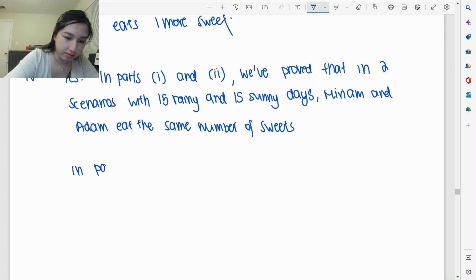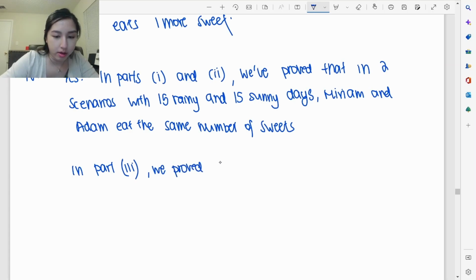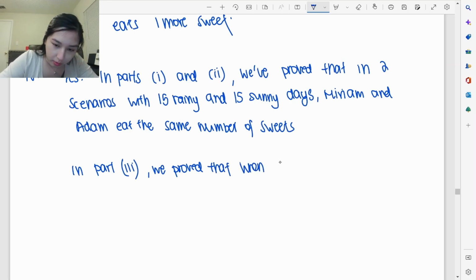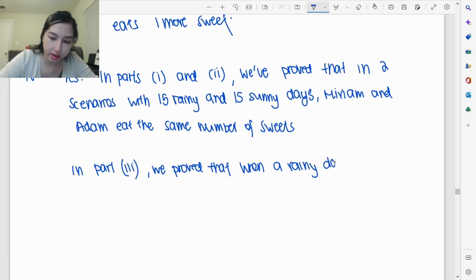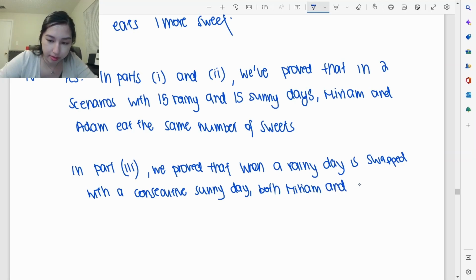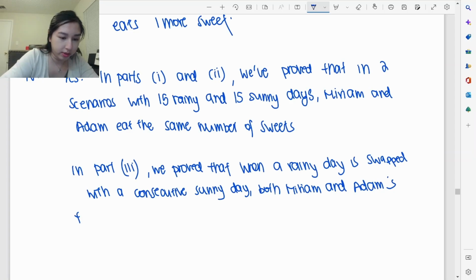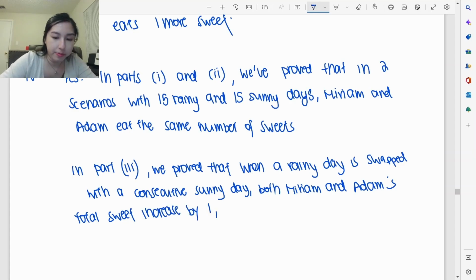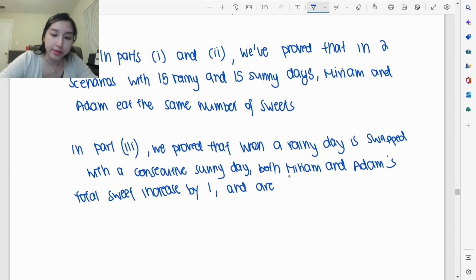In part 3, we proved that when a rainy day is swapped with a consecutive sunny day, both Miriam and Adam's total sweet count increase by 1 and are still the same compared to each other.